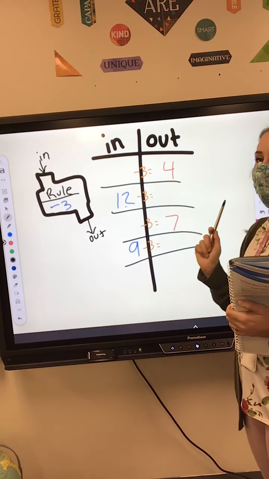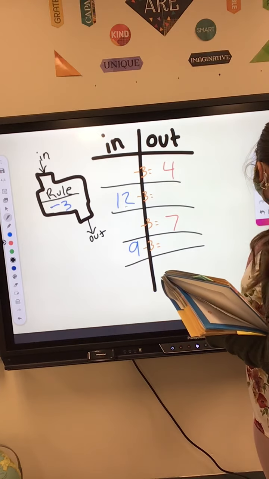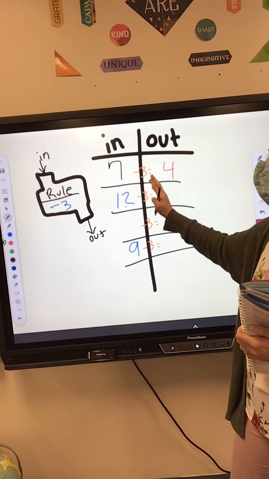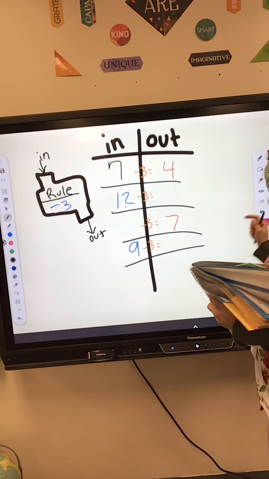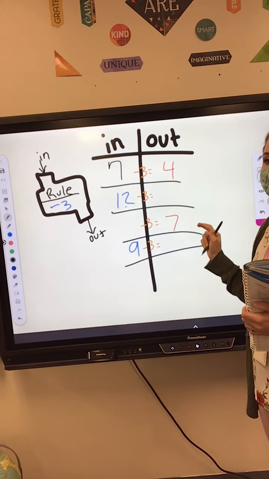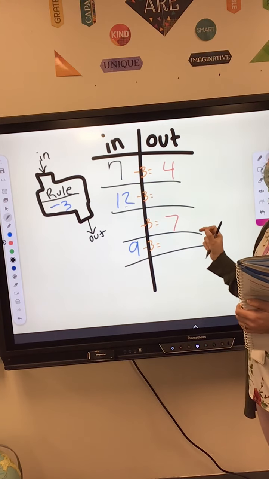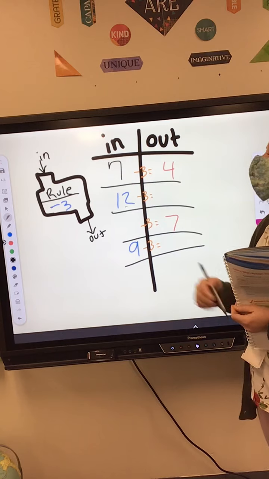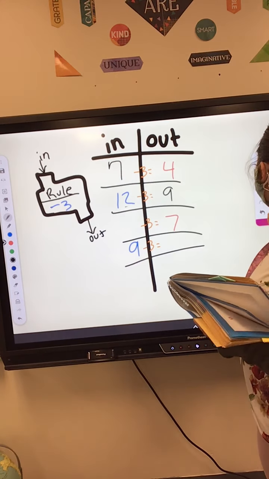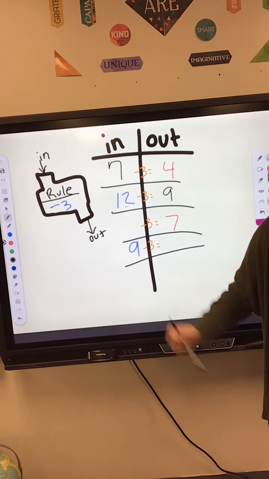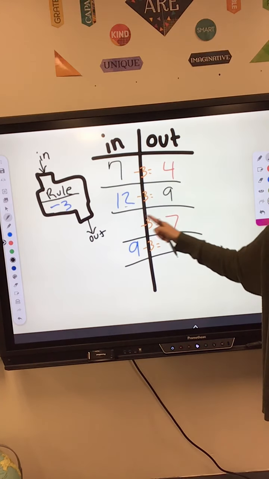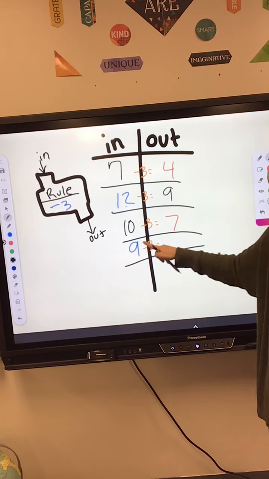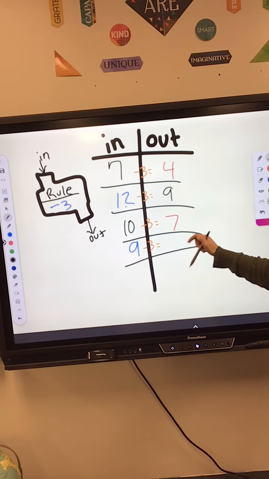What minus 3 equals 4? 7. Clayton. 12 minus 3 equals what? Clayton, you should be doing the math. 12 minus 3 equals what? 9. Blank minus 3 equals 7. What minus 3 equals 7? And 9 minus 3 equals?